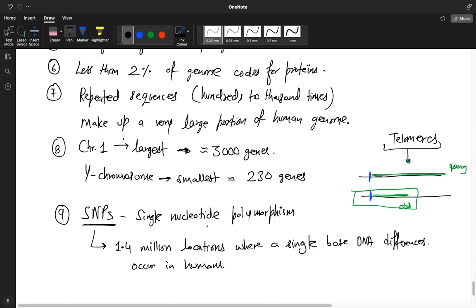This information is important for tracing human history and also for specific mapping of ancestors, etc.